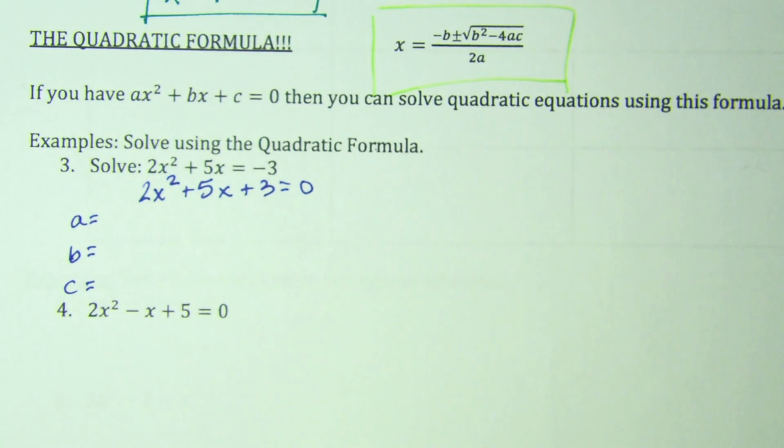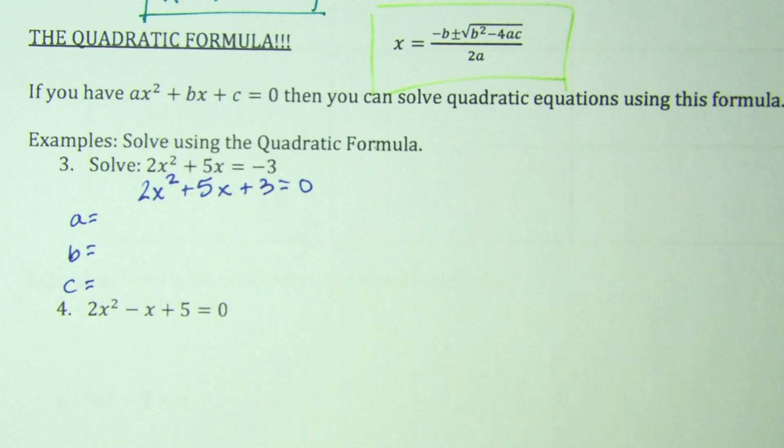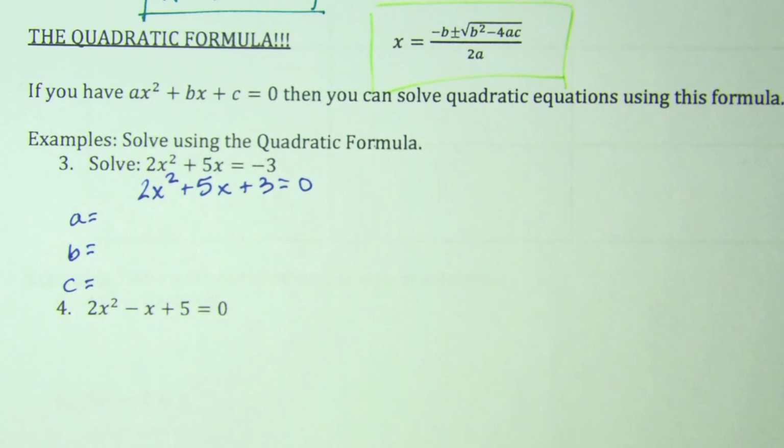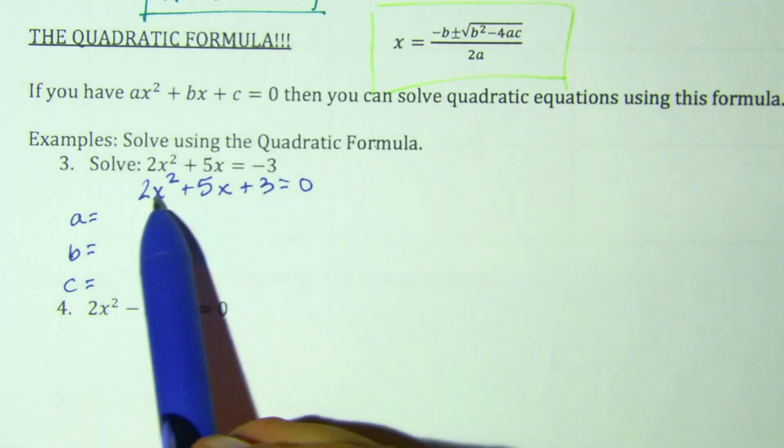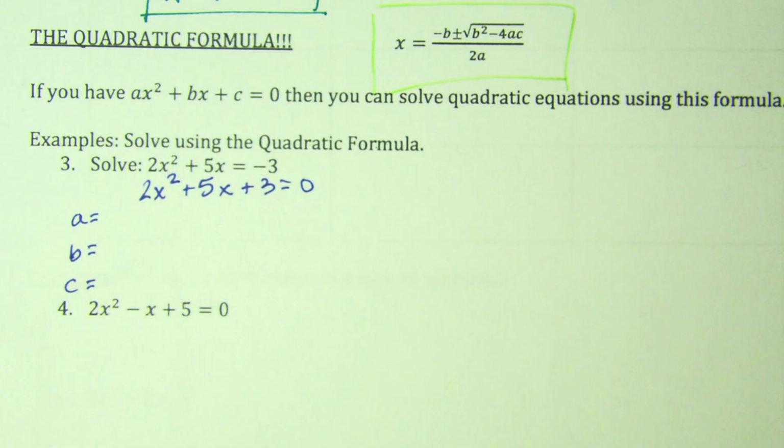Imaginary solutions, complex solutions, any kind of quadratic equation, you can solve using the quadratic formula and it'll work. Unlike factoring where not all of them are factorable, or completing the square where you have to have an a value of 1, or the square root method where you need to have it written as a perfect square. There's really no requirements here other than getting it into standard form and plugging in your values and then simplifying.